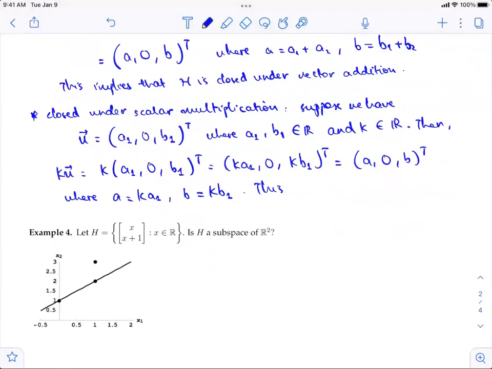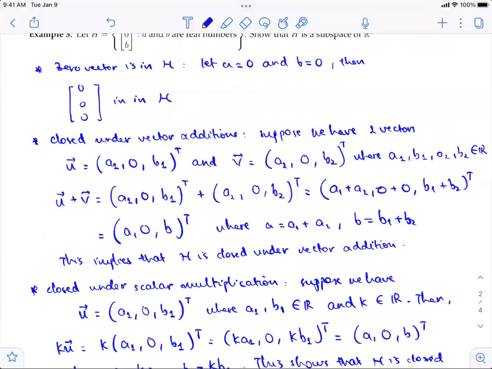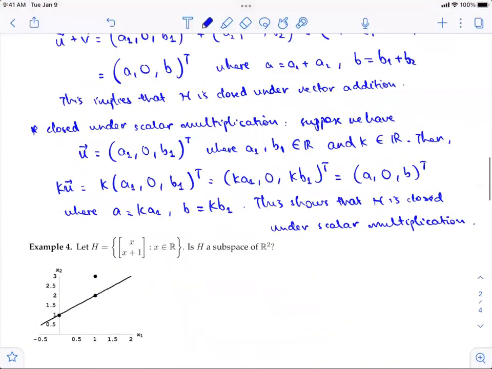So this shows that H is closed under scalar multiplication. Because H satisfies the three conditions, that the zero vector is in H, H is closed under vector addition, and H is closed under scalar multiplication, you can draw the conclusion that H is a subspace of R3.